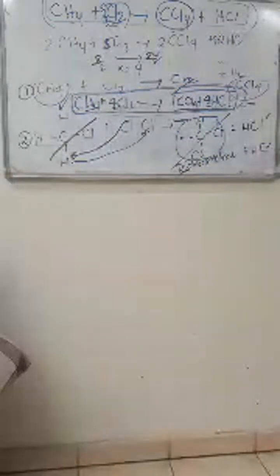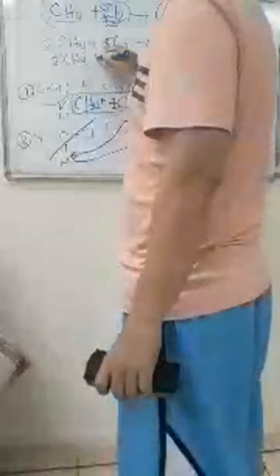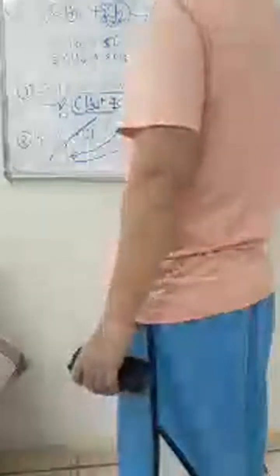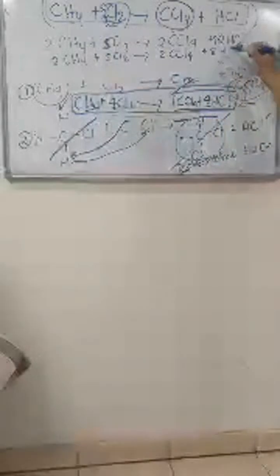Then, copy that. So 2CH4 plus 5 chlorine gas is equal to 2CCl4 plus 8 HCl.